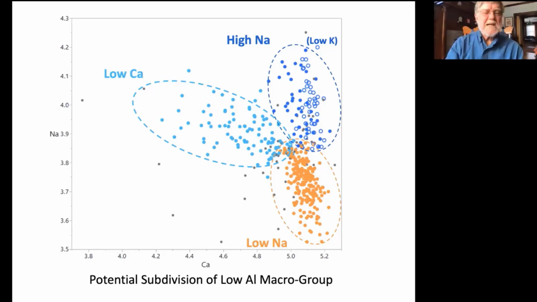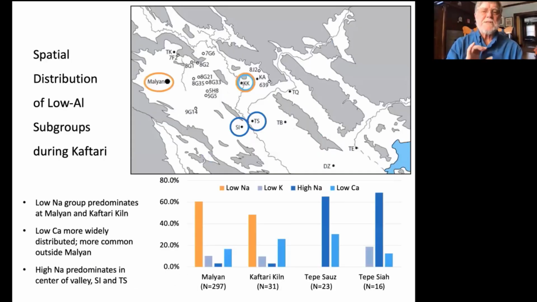And so let's see how they look in terms of their spatial distribution. These are the low aluminum subgroups during the Kaftari period. And once again, you can see that the low sodium is the dominant group at Malian, the yellow-orange group, present in significant amounts at the Kaftari kiln site, but not found at all in the two sites near the confluence of the Sivand and Kur rivers.